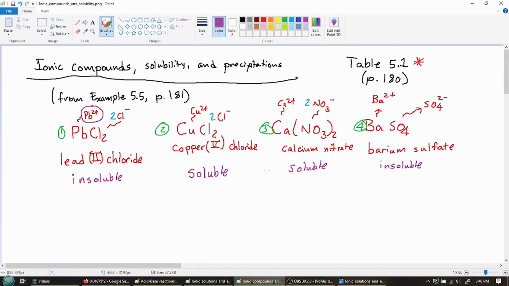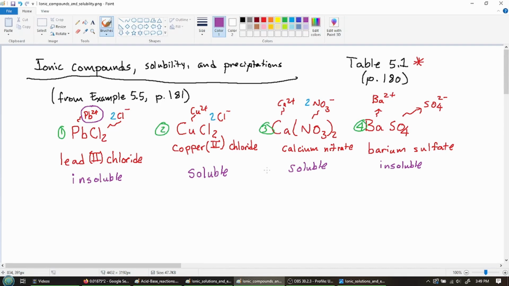Lithium carbonate, that's part C. Well, carbonate is at the bottom of the table, and it looks to me that carbonates are usually insoluble. But if it pairs with lithium, sodium, potassium, or ammonium, that's NH4+, in that case, it'll be soluble.